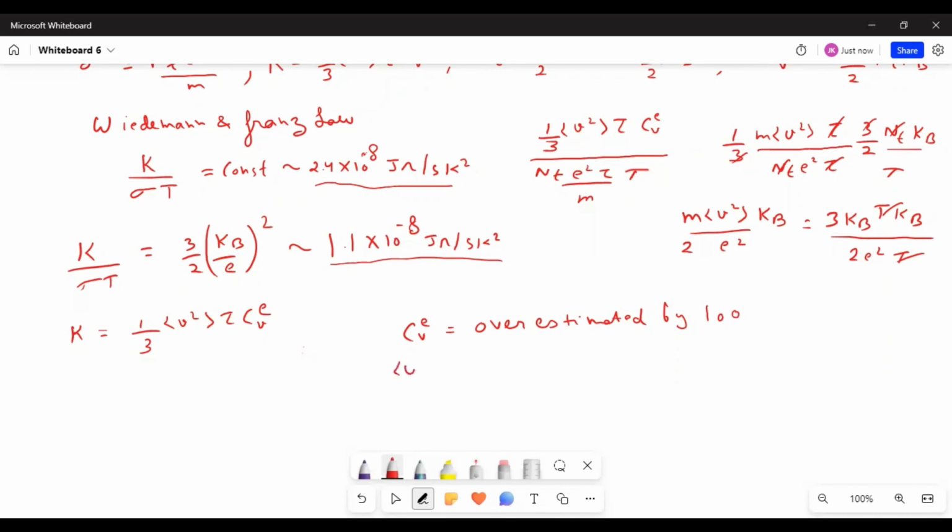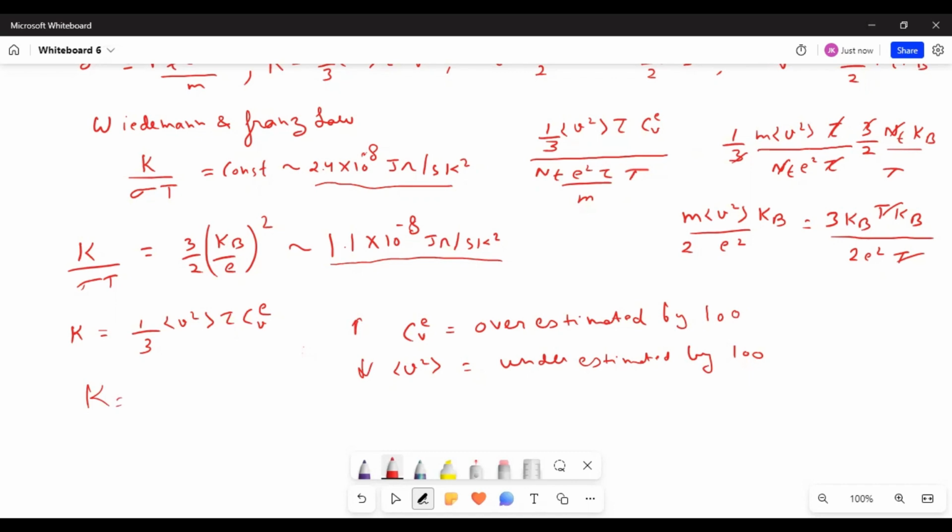And the mean square value of thermal velocity was underestimated by a factor of 100. So overall, one thing is overestimated and the second is underestimated, so they compensate each other. So it is by chance that this comes out to be true in most metals. But if we go deeper, they are faulty, right?